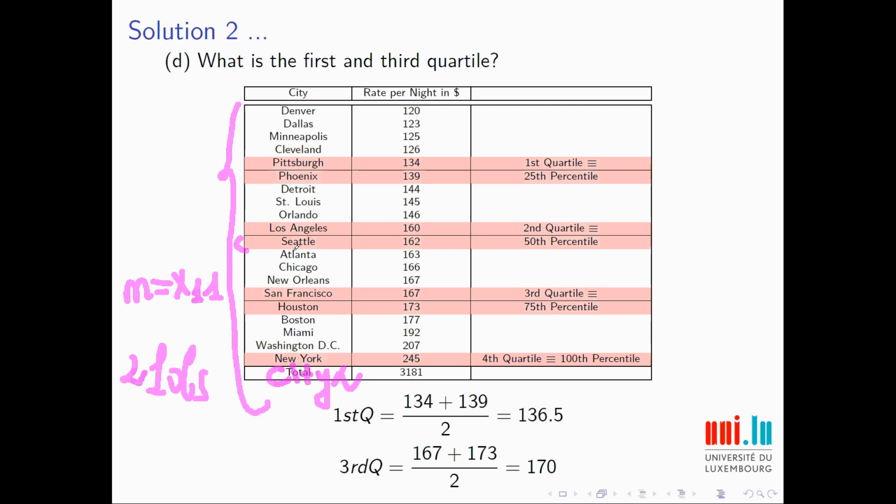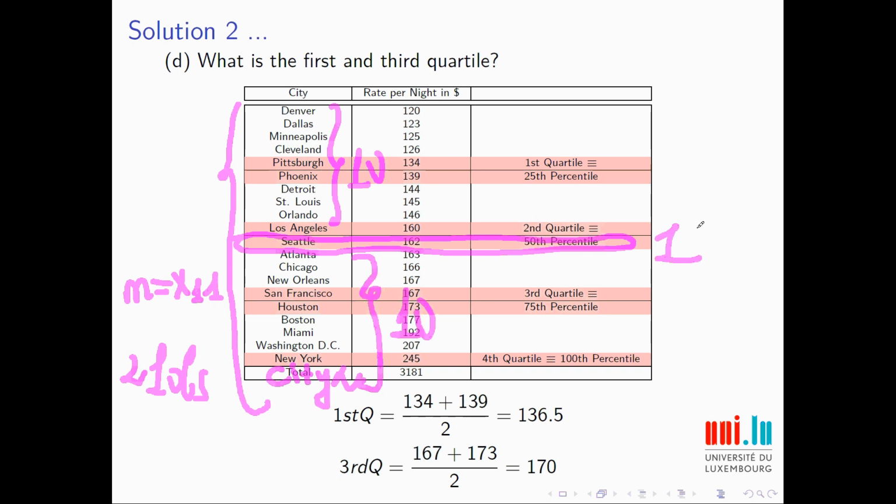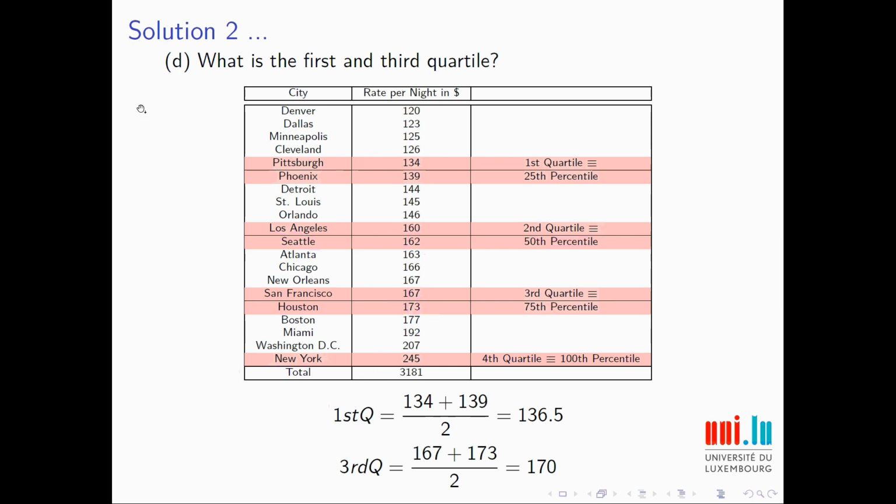In this case, we would omit Seattle, and we have here 10 and 10. Yeah, you see, so this is the way. Thank you very much for your questions. Thank you guys for staying active, and yes, any questions are welcome.